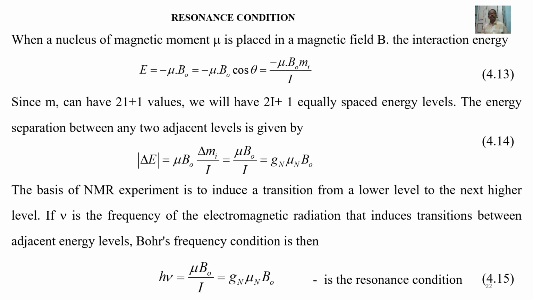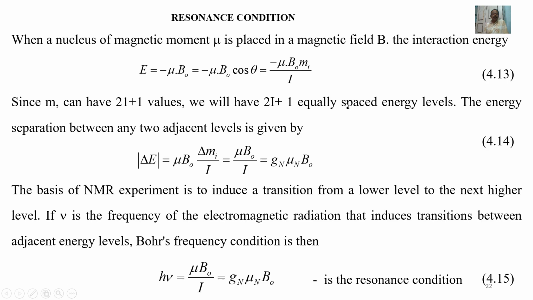Resonance condition. When a nucleus of magnetic moment mu is placed in the magnetic field B, the interaction energy is given by E equals minus mu dot B naught, so minus mu B cos theta, which is equal to minus mu B naught m_l divided by I. Since m can take 2I plus 1 values, we have 2I plus 1 equally spaced energy levels.